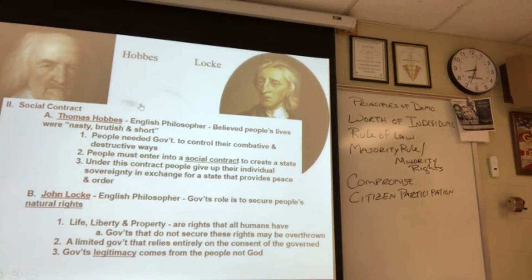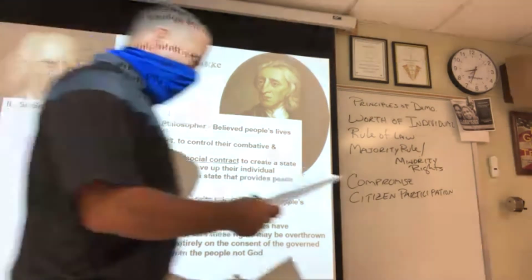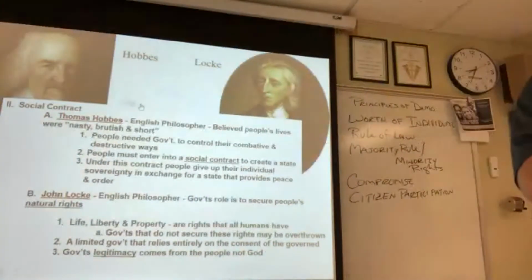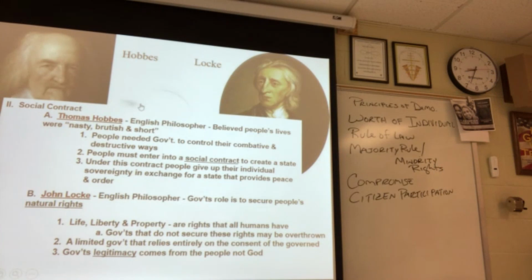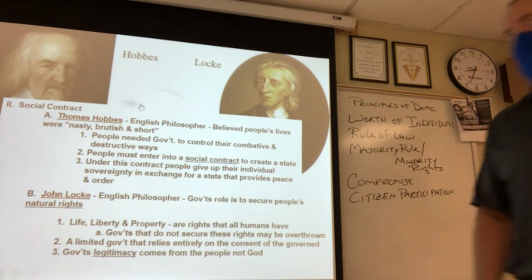All right, and then last, this. So when you're writing about Locke, discuss the beliefs of John Locke on civil government and its influence upon the U.S. Declaration of Independence and the U.S. Constitution.